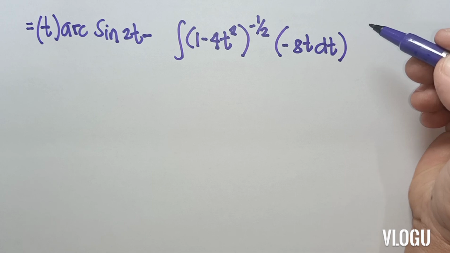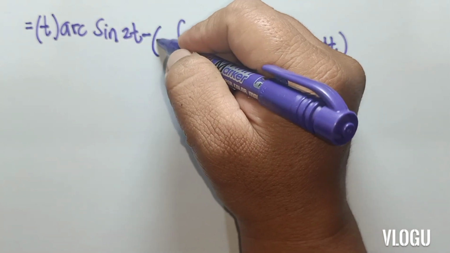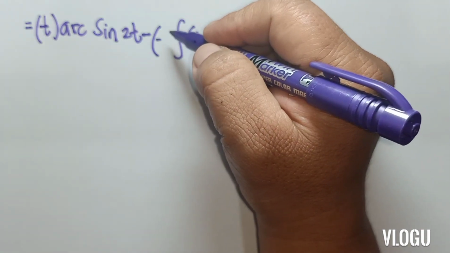And since we have 2 already, we only multiply by negative 1/4.